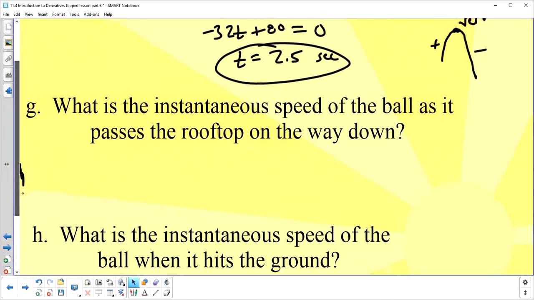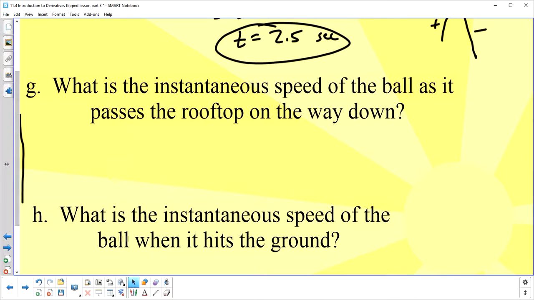Okay, and then the last 2 parts, what is the instantaneous speed of the ball as it passes the rooftop on the way down? Means we are looking for s prime, and as it passes the rooftop on the way down, this is one where I mentioned earlier, it needs to be negative. Our speed has to be negative here because we're coming down, and we have to remember that piece. We found that after 5 seconds is when we pass the rooftop.